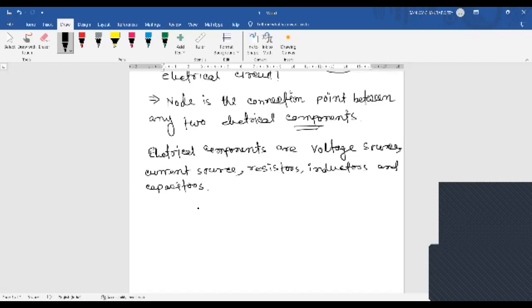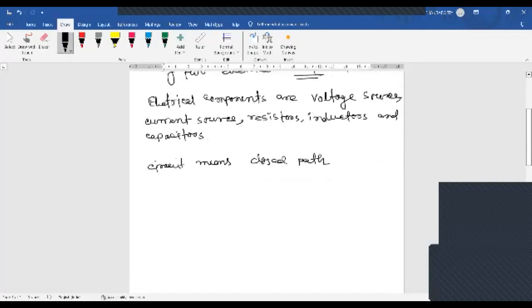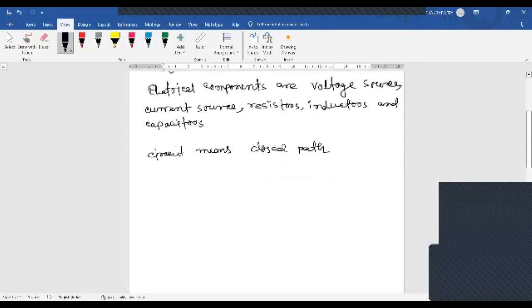So let me first draw a basic electrical circuit. Circuit basically means closed path. So first I start with a basic voltage source, a DC voltage source.